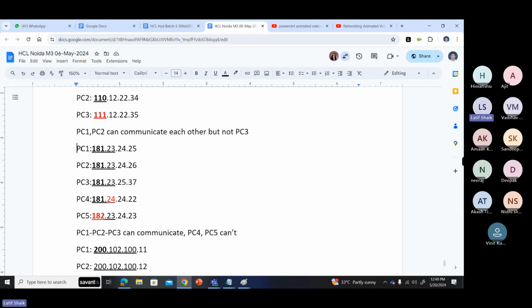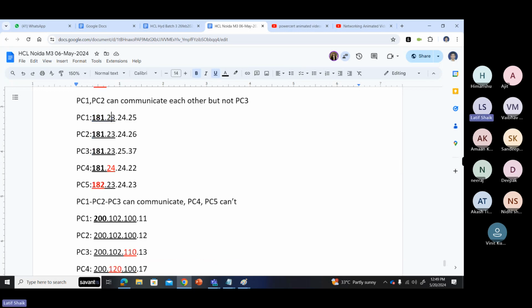And here it is 181. Which class is it? Class B. The first two portions are network portions. See, these PC1, PC2, PC3 have the same network portion with a small difference in the host portion.